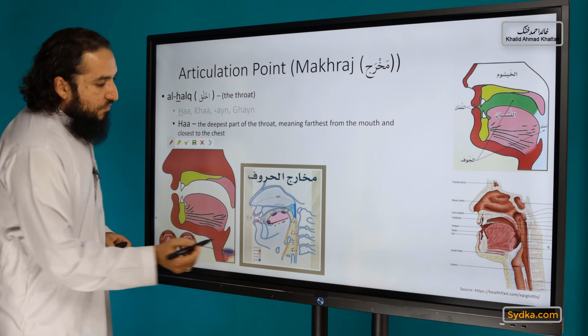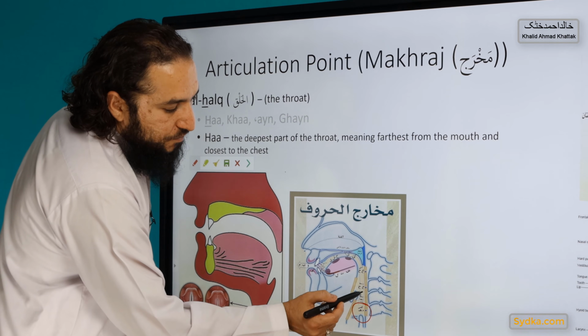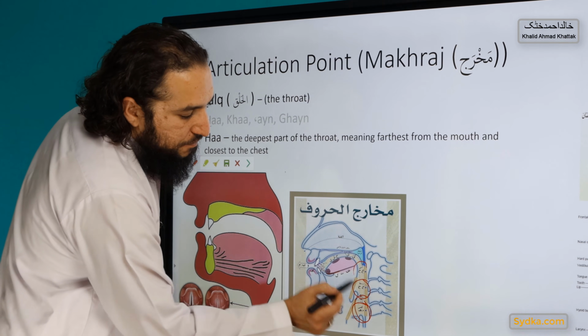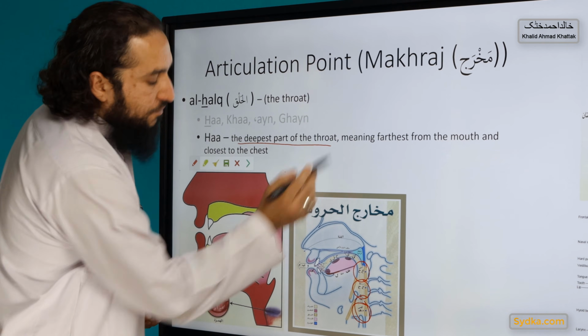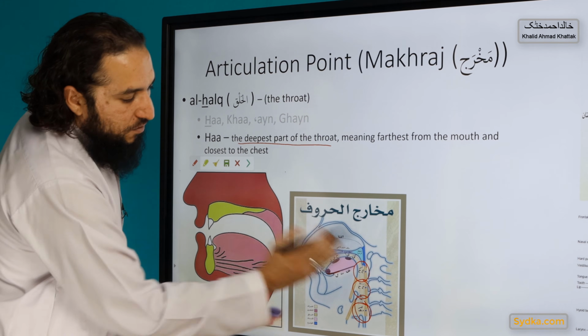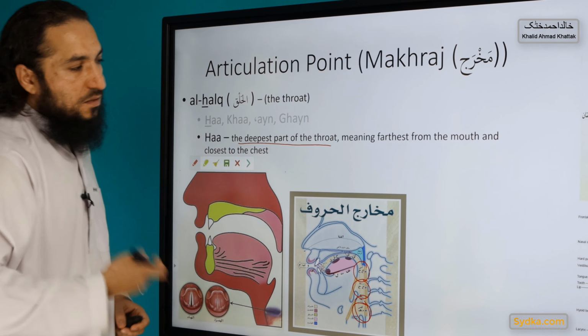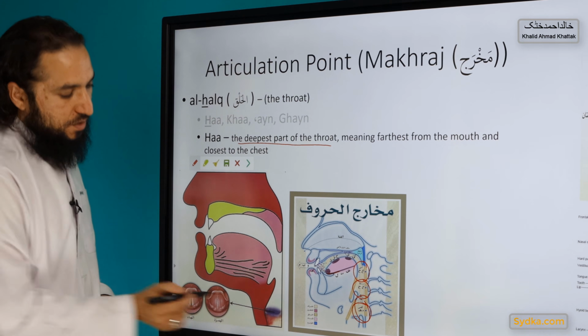If you see here, we know that the throat is divided into 3 parts, and that is the deepest part. The deepest part of the throat is the farthest from the mouth and closest to the chest. That's the articulation point.